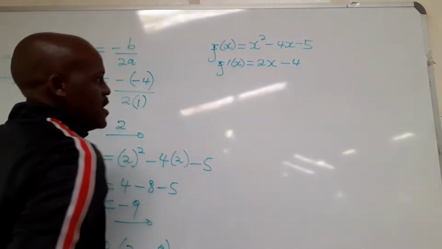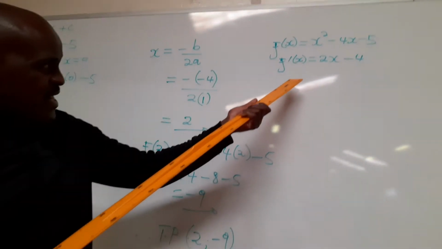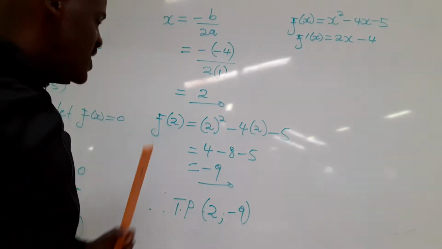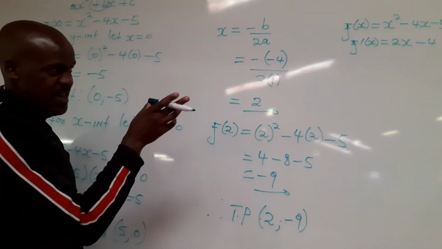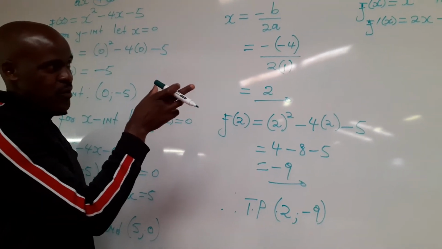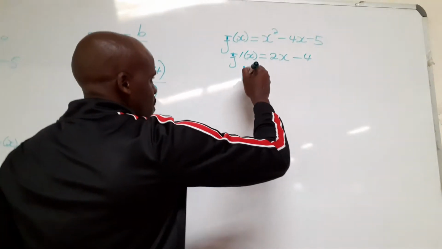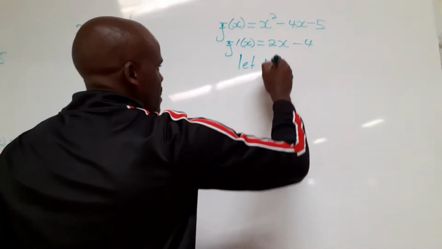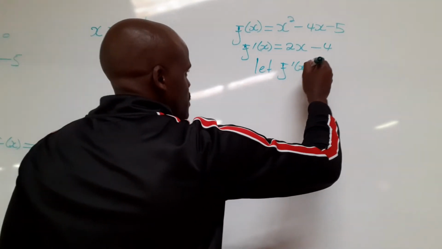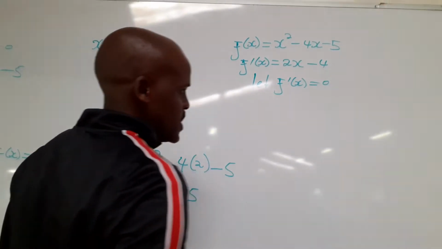Remember that this is the gradient of a tangent at a stationary point. The gradient of a tangent at a stationary point or at a turning point is 0. Therefore, we'll let our gradient be 0 because this is a stationary point.